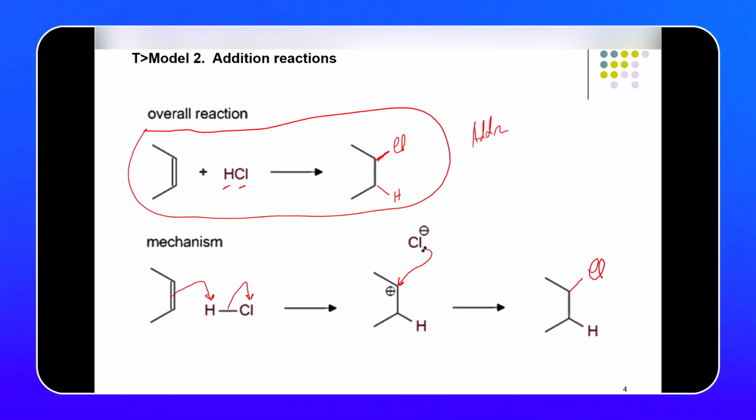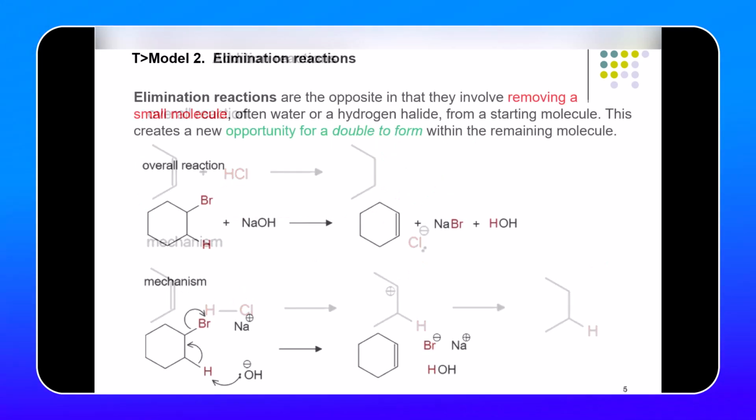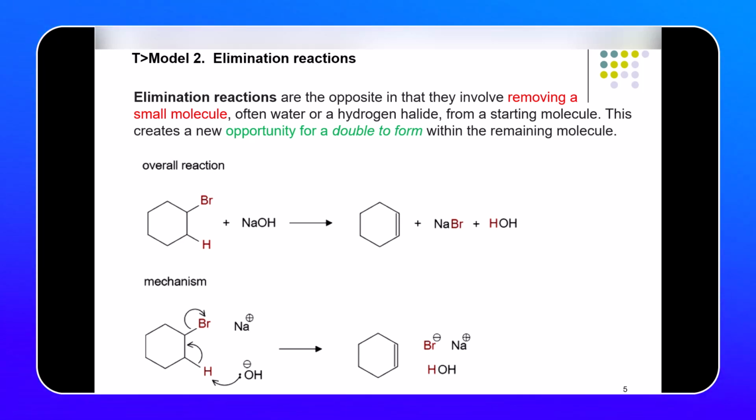Okay, so we've met the addition reaction. Now let's look at the elimination reaction. So again, elimination reaction involves removing something, generally a small molecule, although the small molecule may seem kind of hidden, and you'll see what I mean in a minute. As a result, usually a double bond will form.